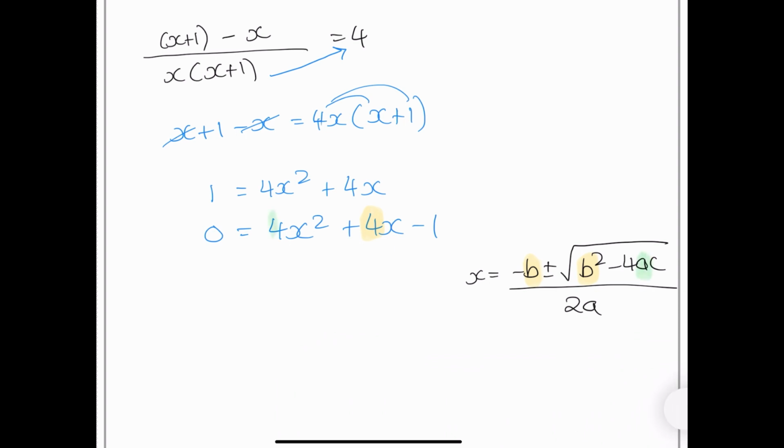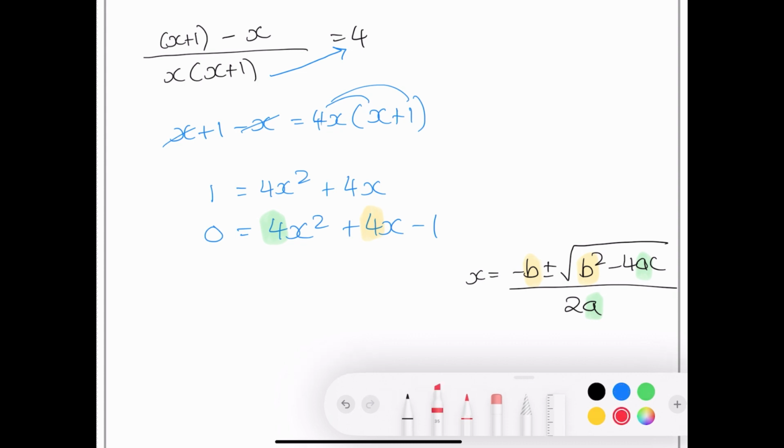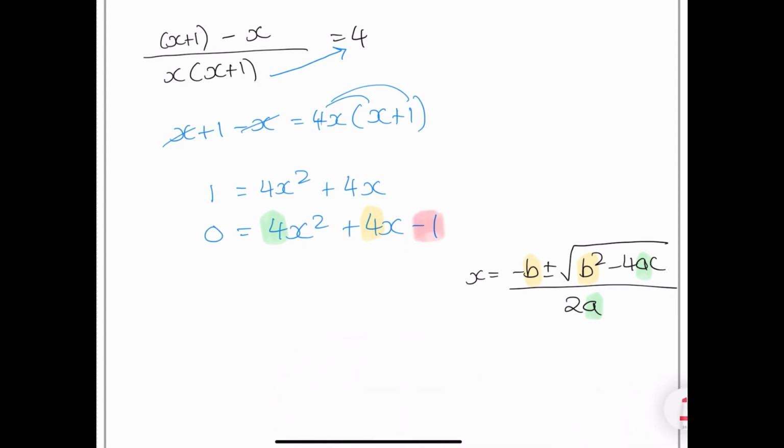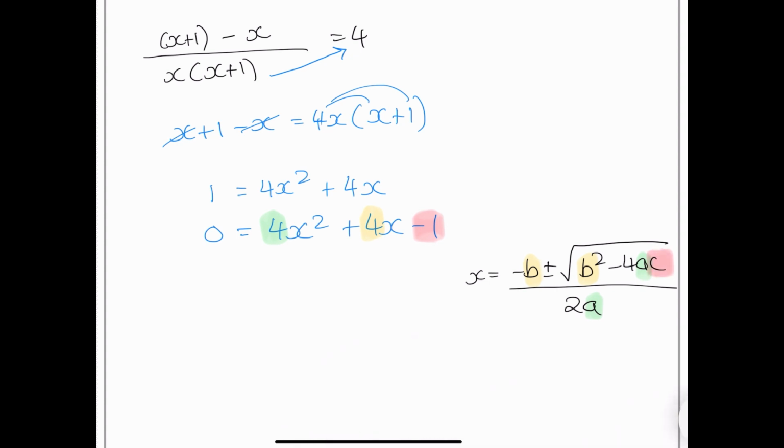A also happens to be 4. And C would be minus 1.